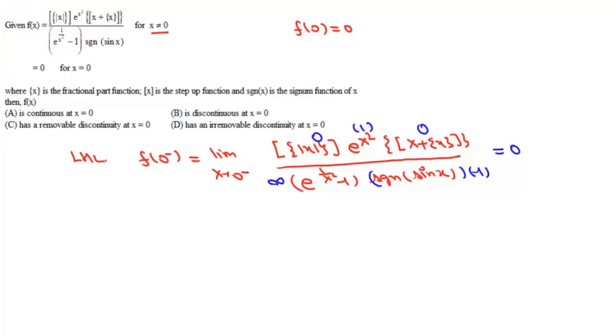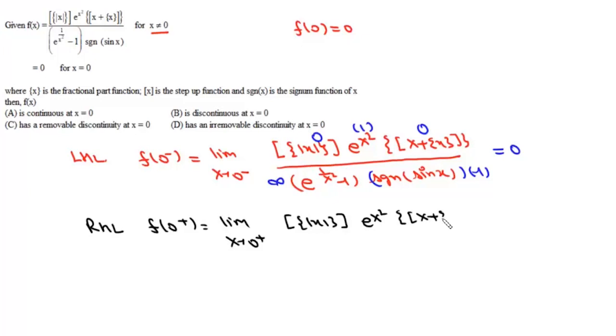Now if we find its right hand limit, it is f(0 positive), and it will be this limit x tends to 0 positive, and again it will be this greatest integer function of fractional part of mod x into e to the power x square, plus fractional part of greatest integer function of x plus fractional part of x, upon e to the power 1 upon x square minus 1, into signum of sin x.